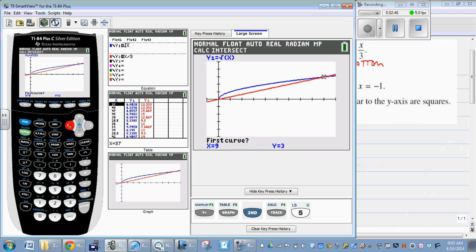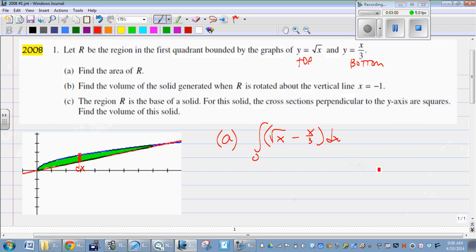And I already did it, so it's right there, but normally it's not going to come right on that intersection, so I'm going to hit enter on this graph, enter on our line, and enter one more time. And our intersection is at 9, 3. So this point right here is at 9, 3. So we're going from an x value of 0 up to an x value of 9.